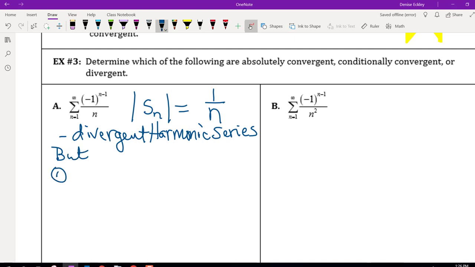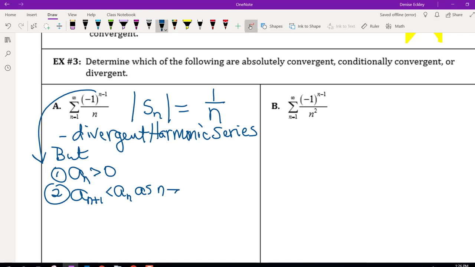If we go through our terms, because of our conditions, we know this is an alternating series. We can see that our nth term is greater than 0, and that it is decreasing because the terms are going to get smaller as we go, because we go 1, a half, a third, okay? And we also know that if we take the limit of our nth term, that is going to go to 0.